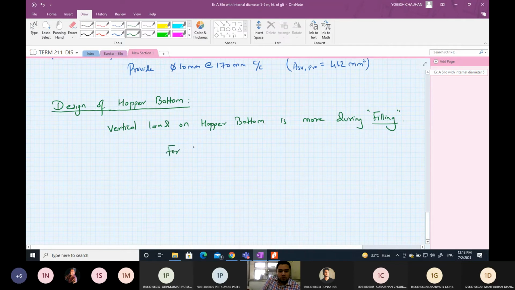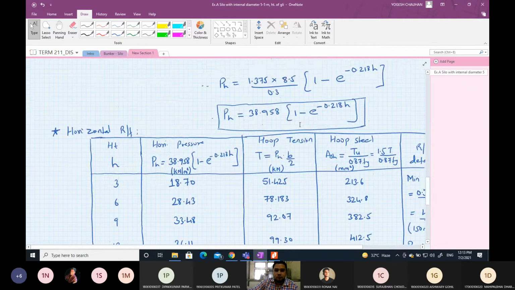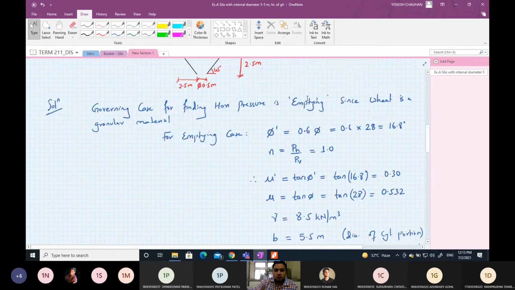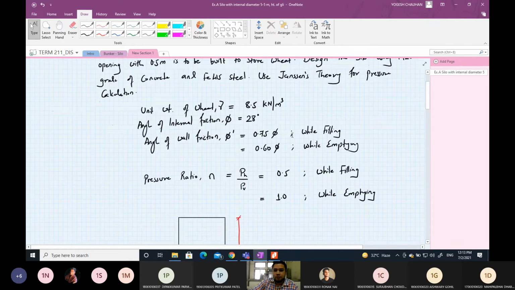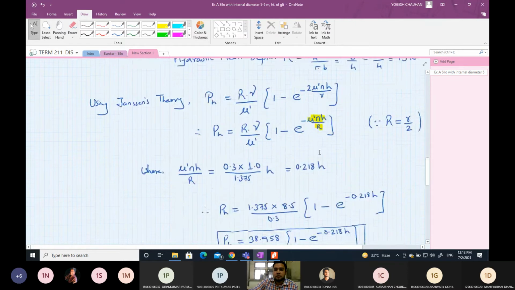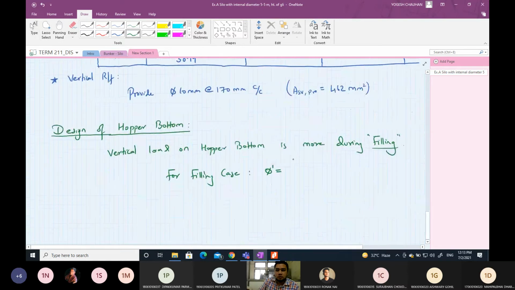So for filling case, the value of phi dash is 0.75 times phi.